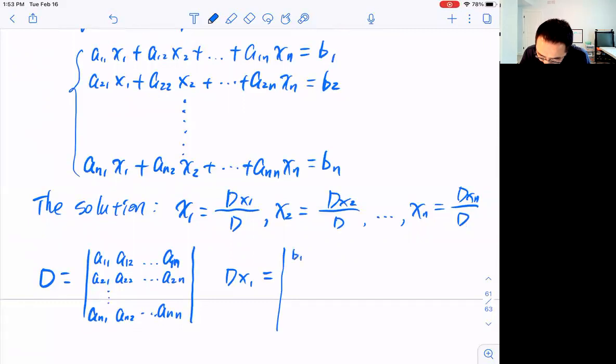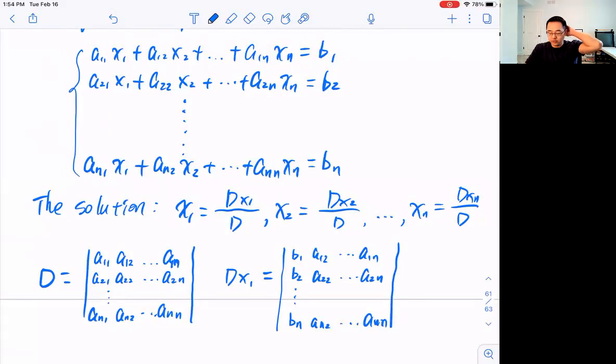So you have b1, b2, dot dot dot to bn, and then a12, dot dot dot to a1n, then a22 to a2n, and an2 to ann. So you are replacing the first column, which is the coefficients for all the x1s in your system, with the constants.